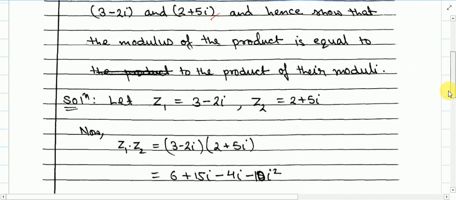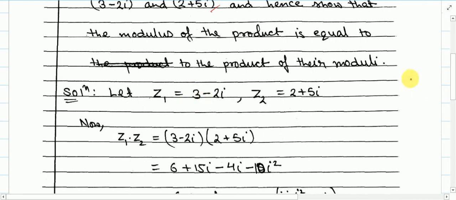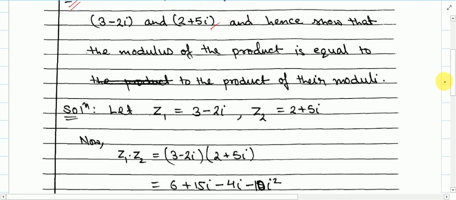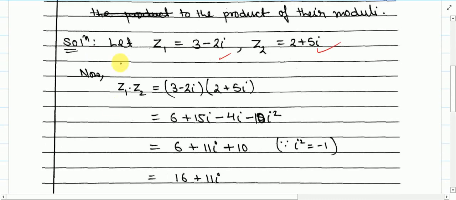So we have got these two complex numbers. While solving, I'll put this as Z1 and this one as Z2. We have to find the product of Z1 and Z2. So let Z1 be this, Z2 be this. Then we have to take the product. So Z1 into Z2, substitute the values.